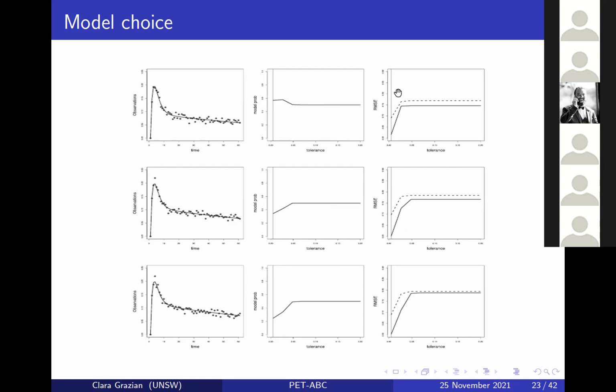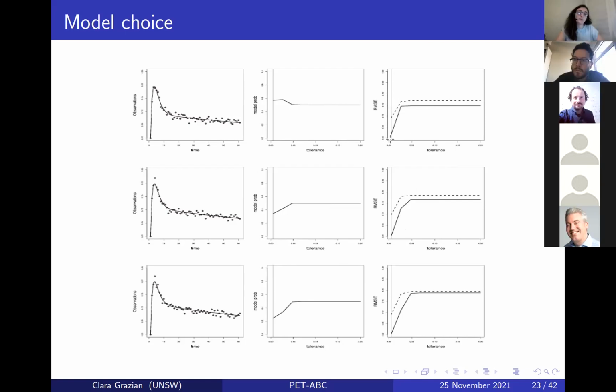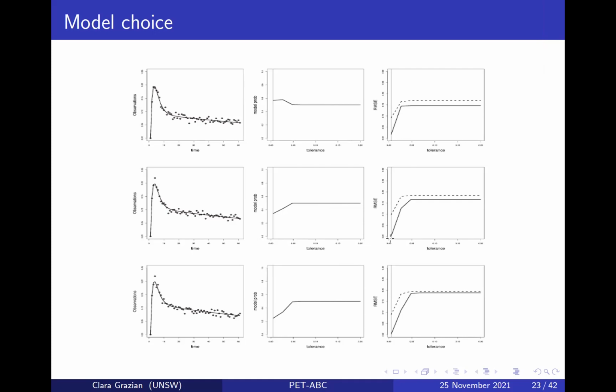The vertical line represents the point where the root mean square error is minimum for both models. And the vertical line in the second column is the same as in the third column.